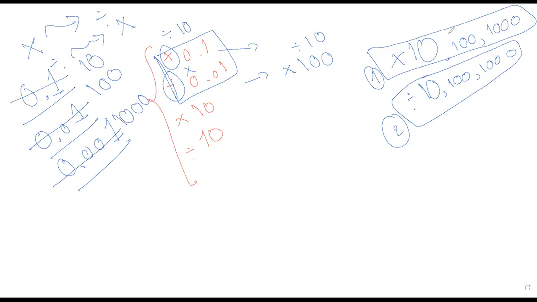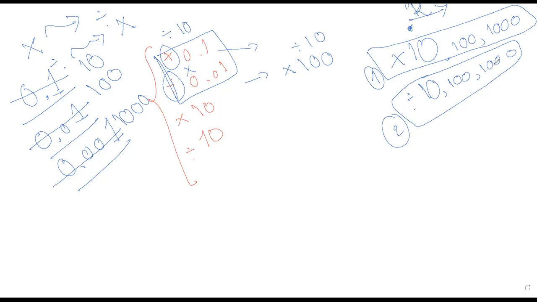Okay. So in order to multiply by 10, 100, 1000, to which side will we move the decimal point? Right or left? Multiplying by 10, we move it to the right. Right, Hassan, right. Multiplied by 10, multiplied by 100, multiplied by 1000, we move the decimal point to the right side.